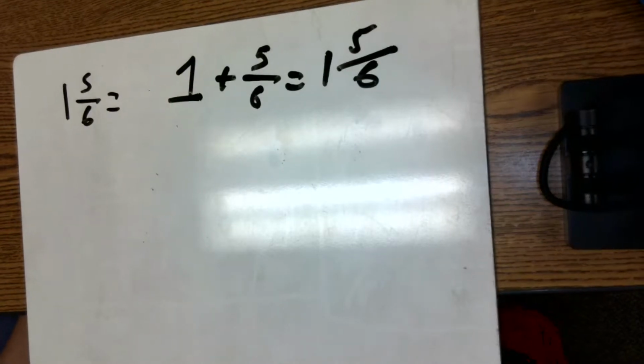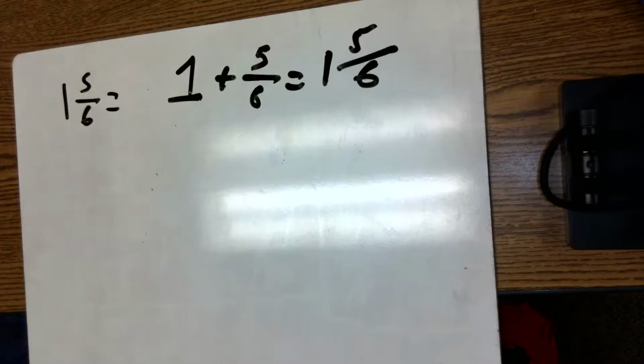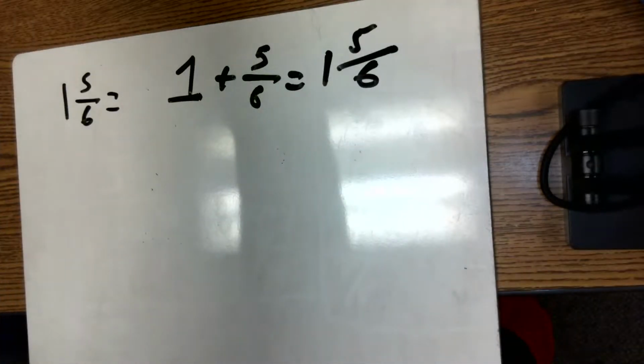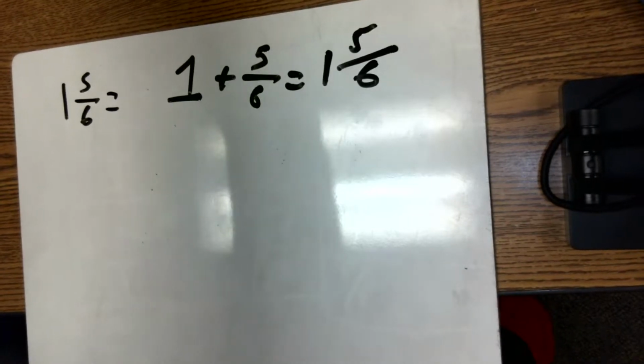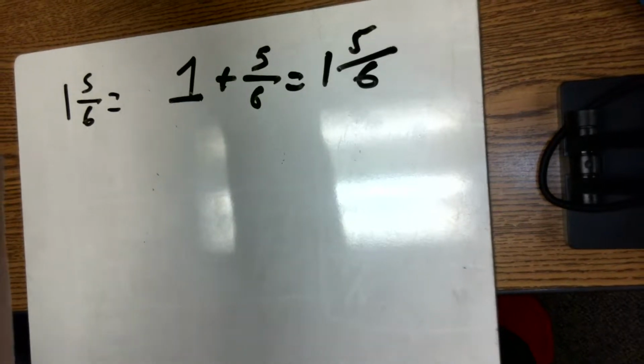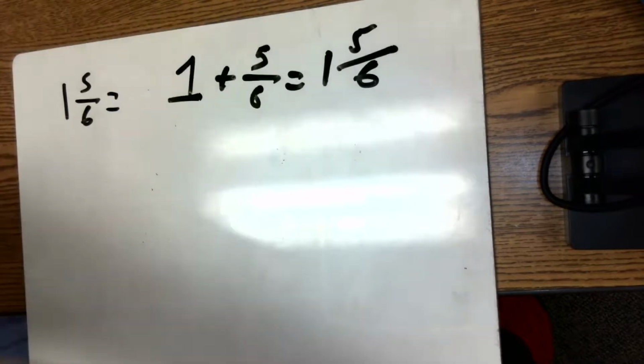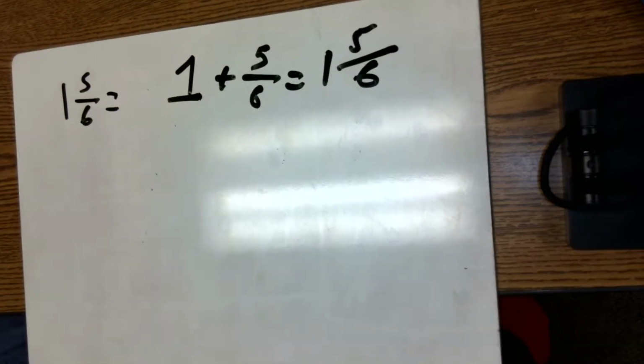Remember, that one whole has got to equal one whole. Maybe we could do 5/6 plus 1 whole equals... Let's say that one more time.